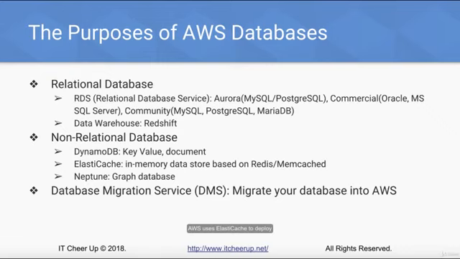AWS uses ElastiCache to deploy, operate, and scale an in-memory data store based on Memcached or Redis in the cloud. Neptune is a fast, reliable, fully managed graph database to store and manage highly connected datasets. AWS also provides a database migration service, DMS, to help migrate your database to AWS easily and inexpensively with minimal downtime.